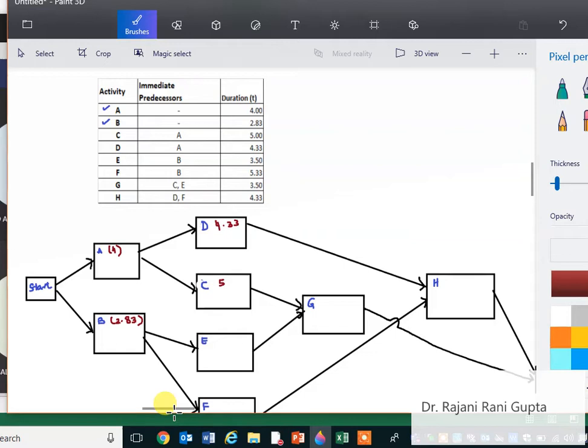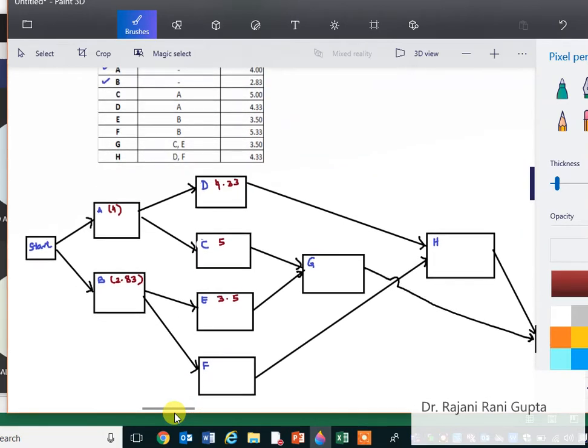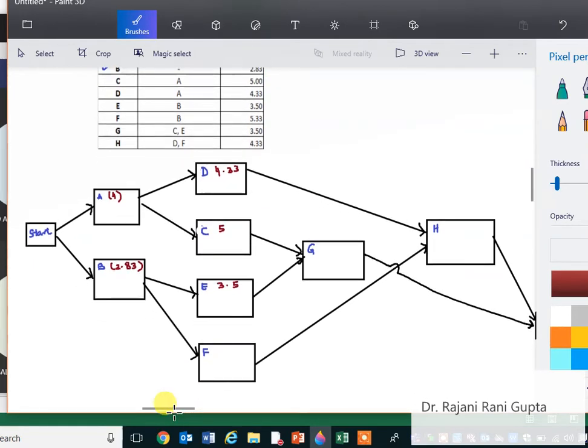For activity E, it is 3.5. For activity F, it's 5.33. Activity G, it is 3.5. And for activity H, it is 4.33. Okay, these are the durations.